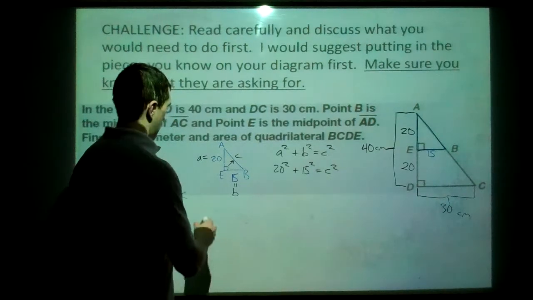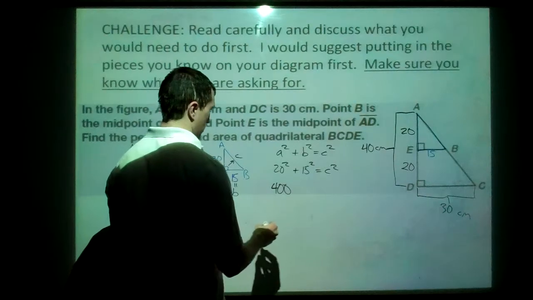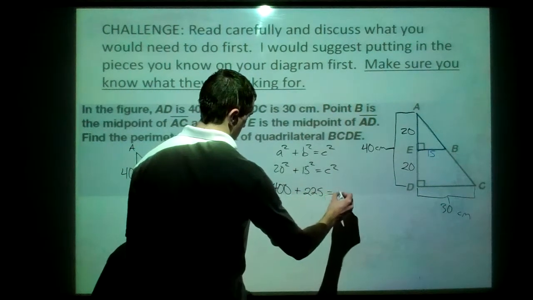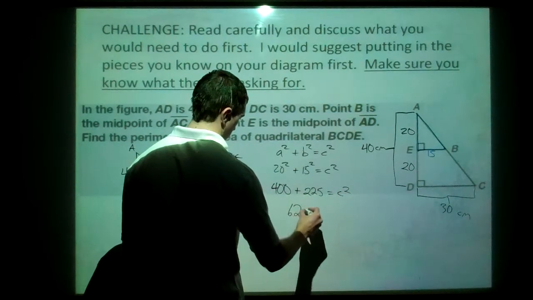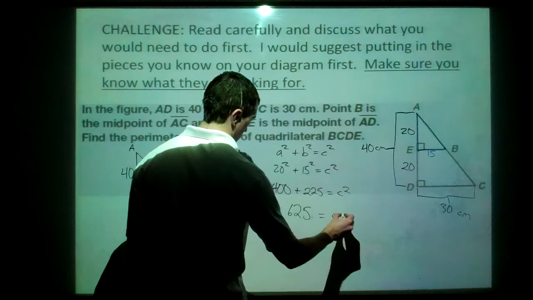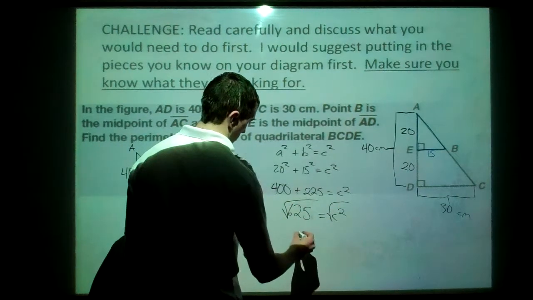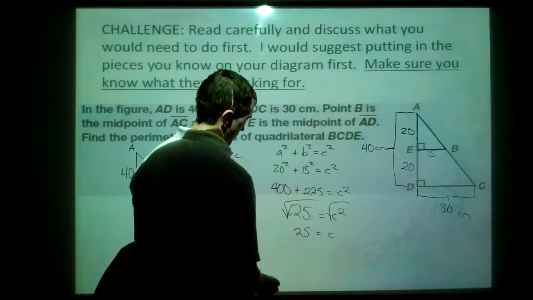Alright, so 20 squared is 400. 15 squared is 225. That equals c squared. Add these together, we get 625 equals c squared. And if we take the square root of both sides, we get 25 equals c.